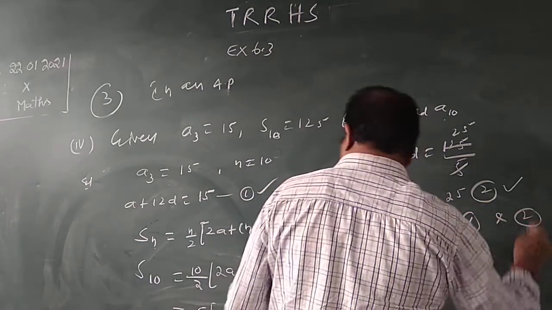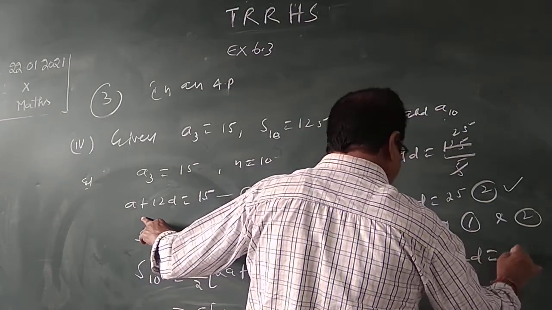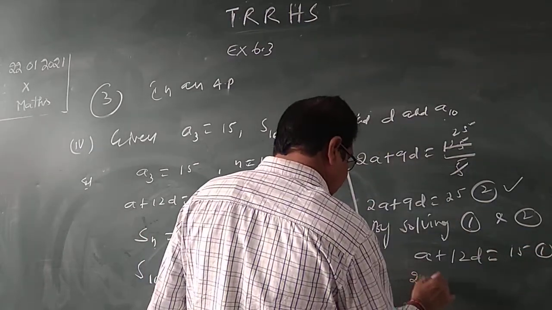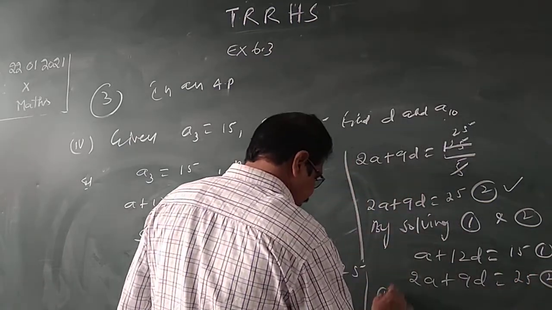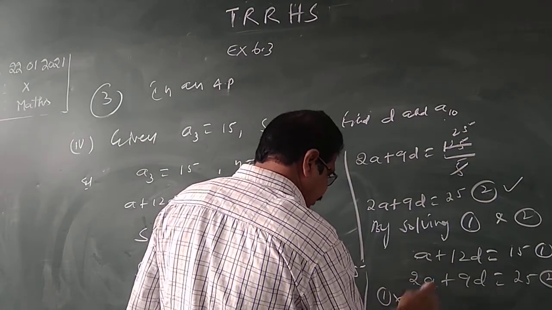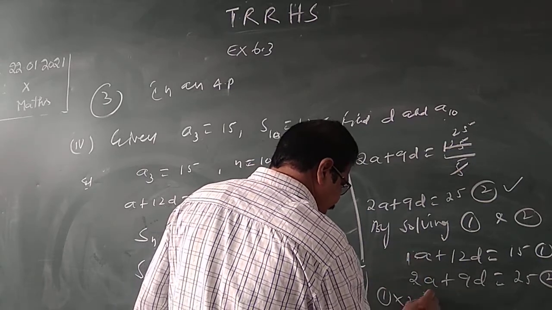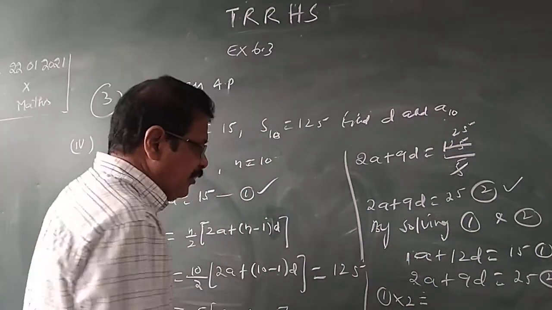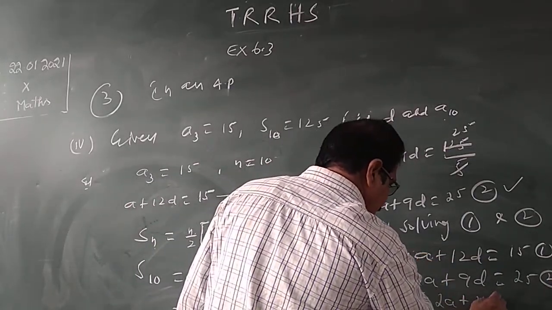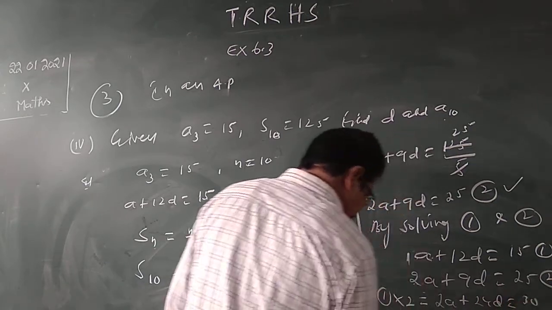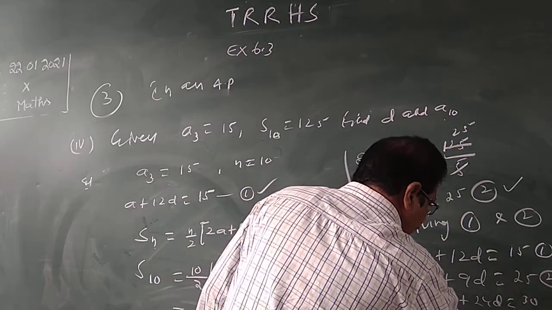By solving 1 and 2: the first equation is A plus 2D is equal to 15. The second equation is 2A plus 9D is equal to 25. To make the coefficients equal, the first equation is multiplied by 2: 2A, 4D, 30. The second equation is multiplied by 1: 2A, 9D, 25.